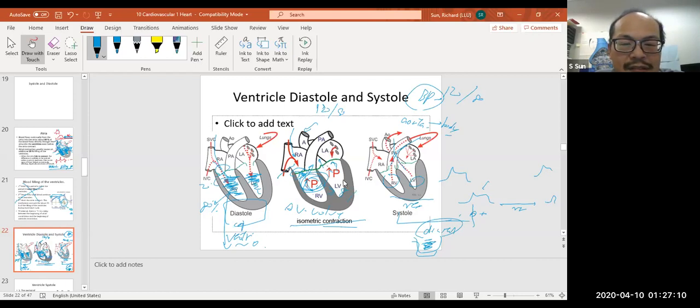Otherwise this valve will be closed because the outside has larger pressure, 120 to 80, pushing it back to close it. And the ventricle has to generate a contraction large enough to push against 120 and 80 in order to push the blood out.